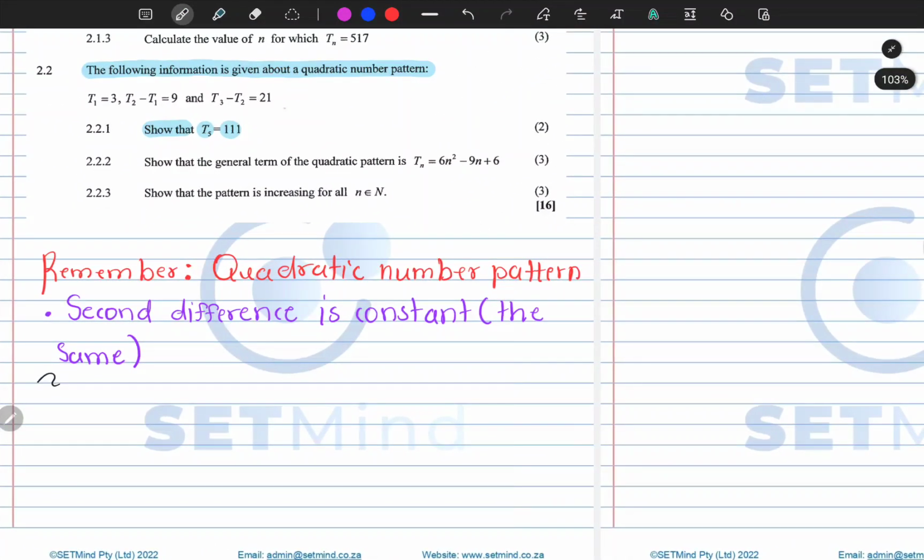They gave us that T1 is equal to 3. Then they gave us that T2 minus T1 equals 9. What this means is that our T2 is the same as 9 plus T1, which is 9 plus 3, which means our T2 is 12.